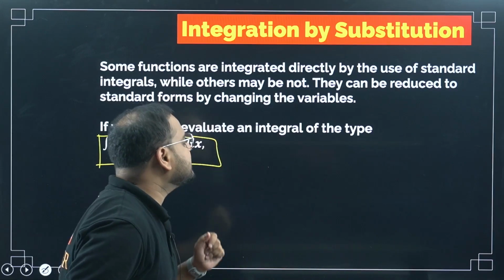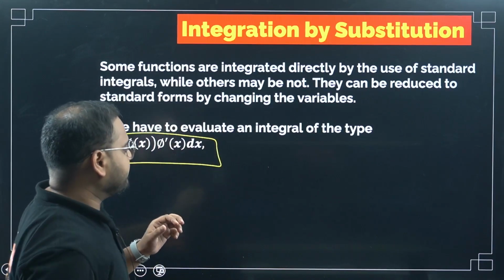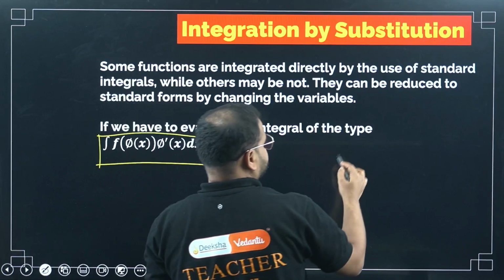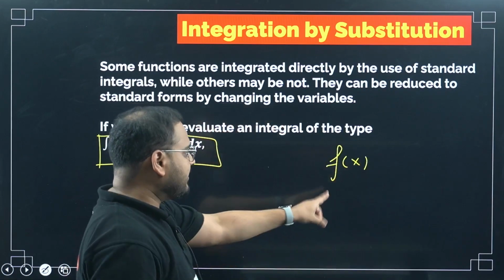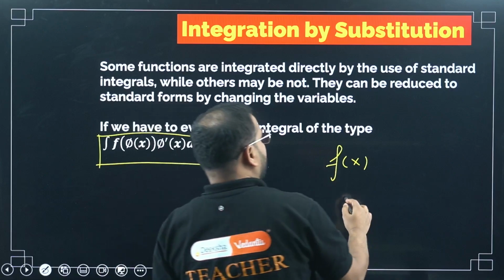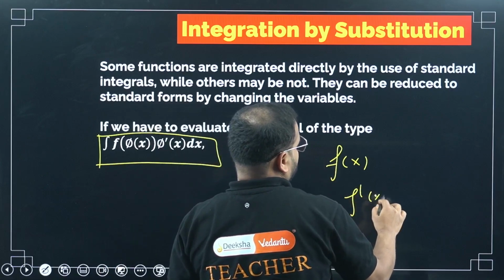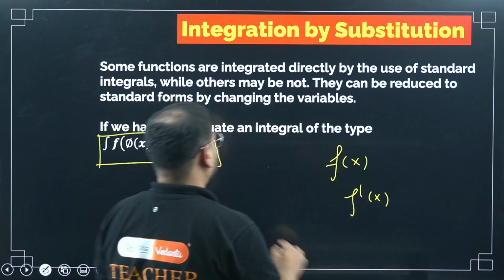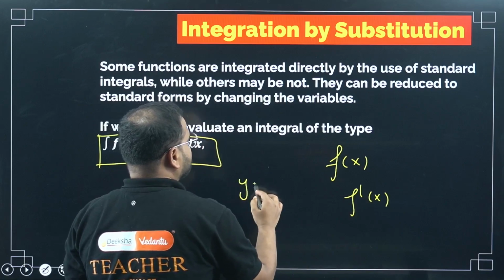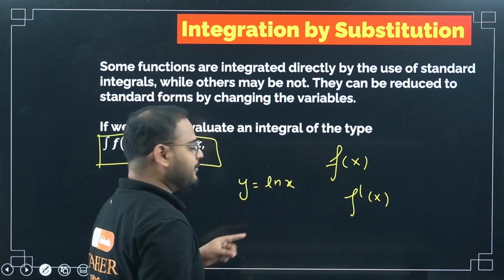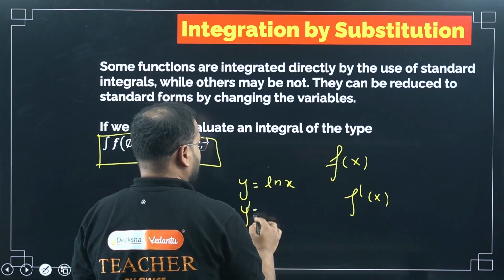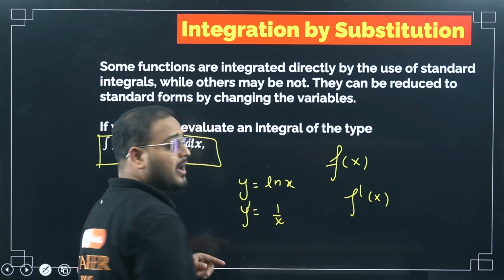For example, if I have a function f(x) and the derivative of this function, which is called f'(x). Example: I take the function y = ln x, and the derivative y' is 1 by x.